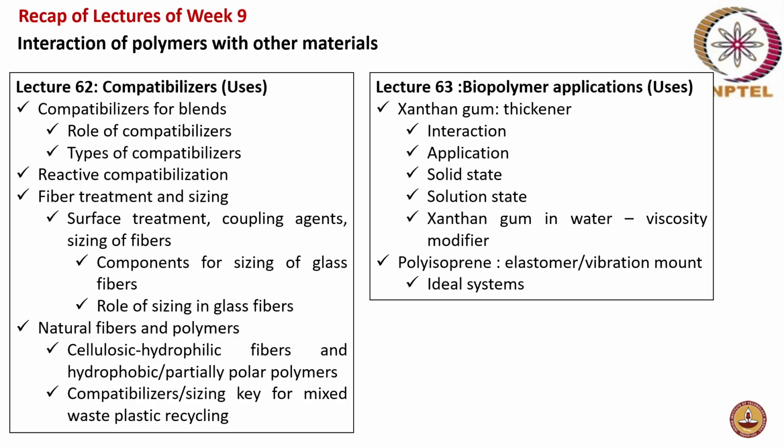Whereas in case of rubber, it's more of an ideal system where there is no interaction. The interaction does not play a critical role in its application, for example, as an elastomer or as a vibration mount. So these two extreme aspects in these two different polymers were discussed in detail.